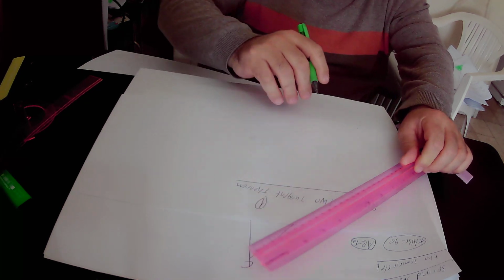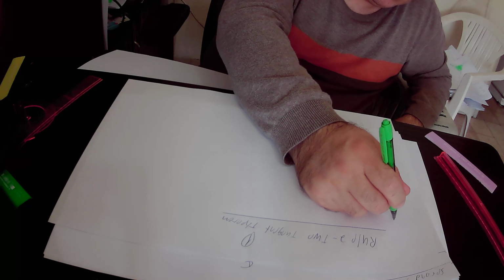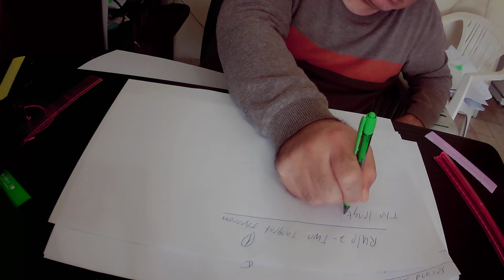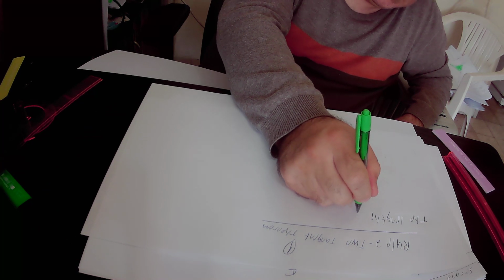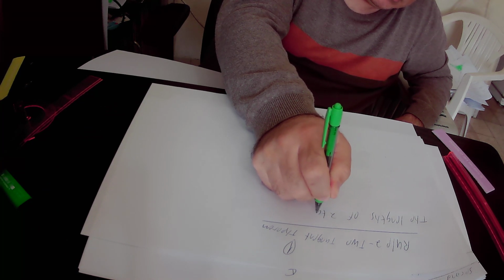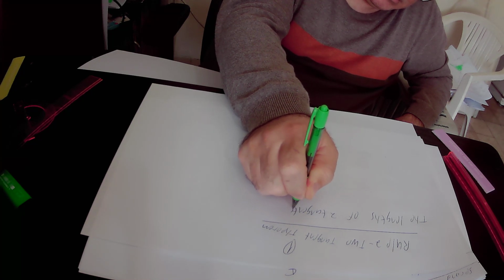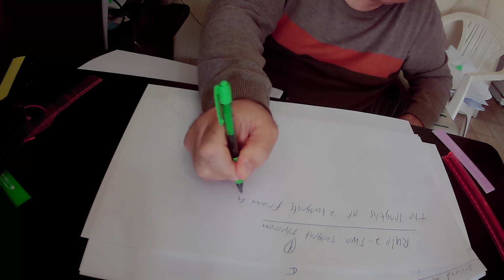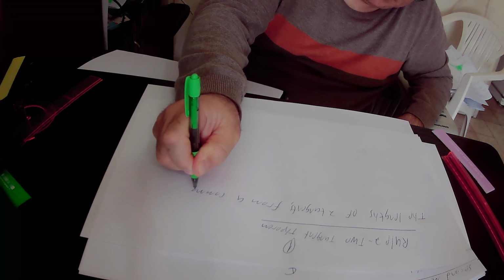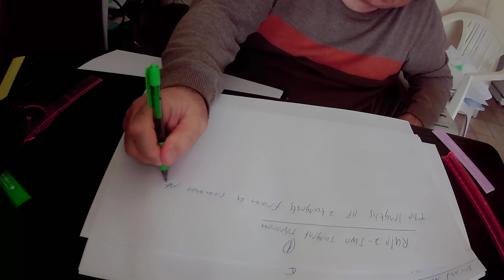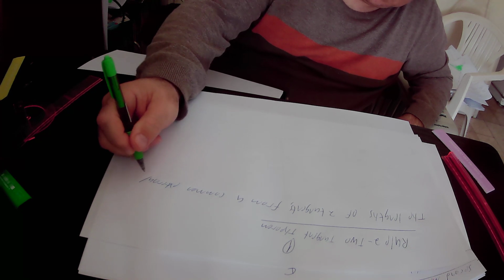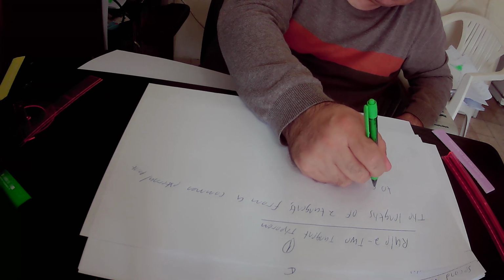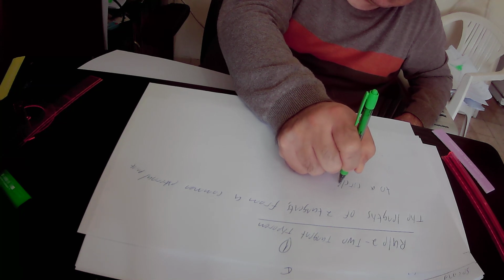According to rule number 2, the lengths of two tangents from a common external point to a circle are equal.